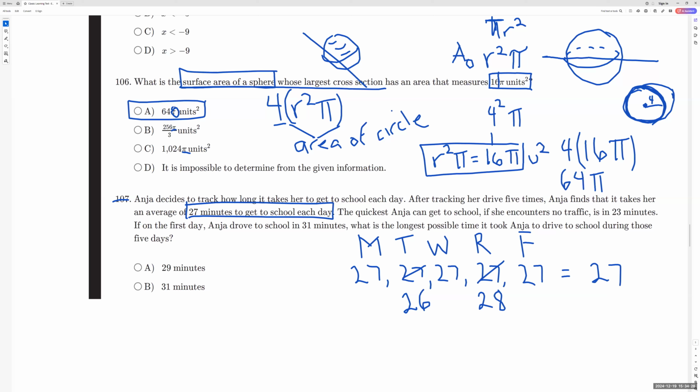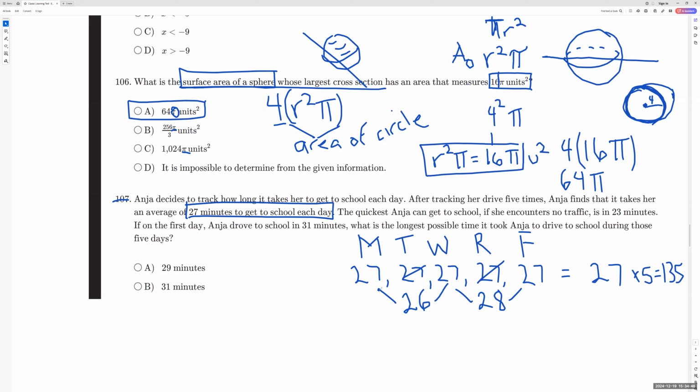We did that. So if you add those, trust me, you're going to get 135 minutes. So 27 times 5 is equal to 135 minutes. We don't need that, but I just remember we did it.